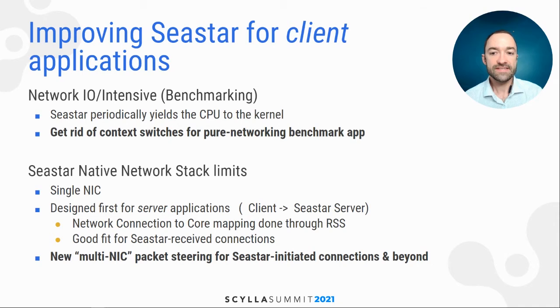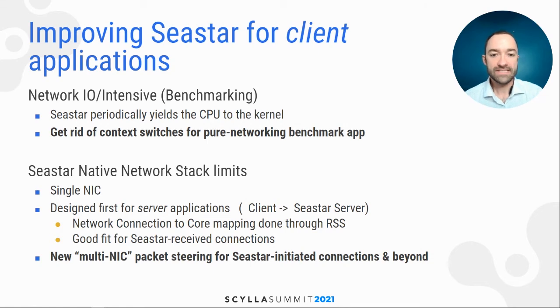The second thing is that Seastar has a native networking stack that has some limits. One of the limits is that it supports only a single NIC, and the other limit, or let's say designed limitation, is that it's designed first for server applications.